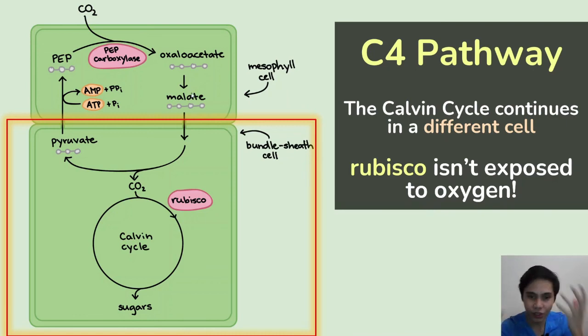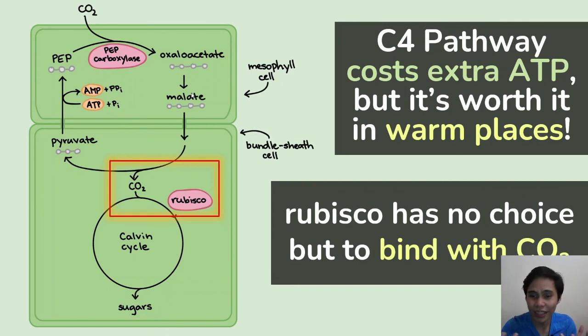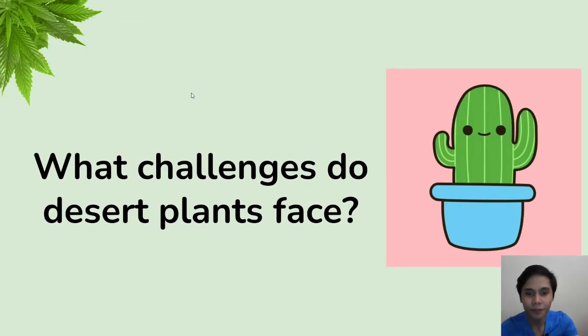So again, in your C4 pathway, there's extra steps. It uses a different enzyme and it has to transport malate to an entirely different cell. Okay? So it costs extra ATP because of the transporting and the extra enzyme, but it's worth it in warm places. Why? Because Rubisco, again, has no choice but to bind with carbon dioxide.